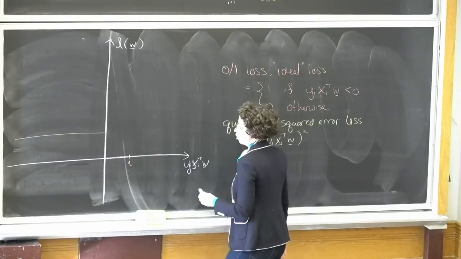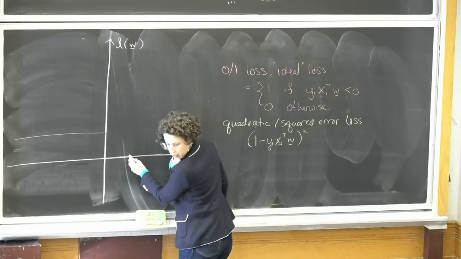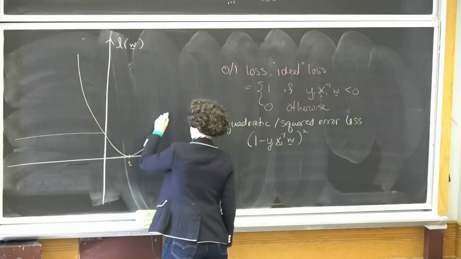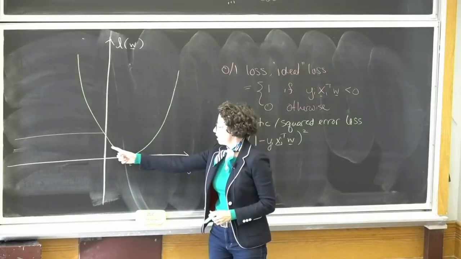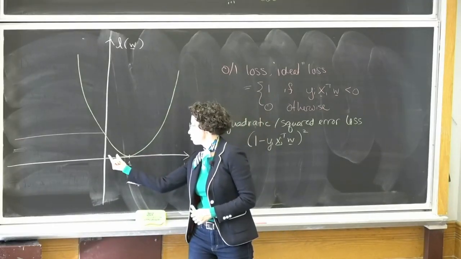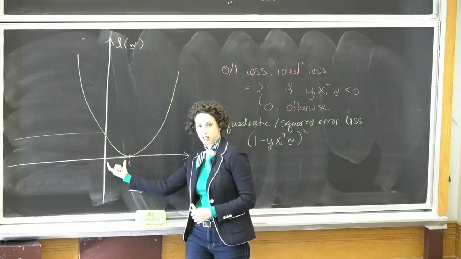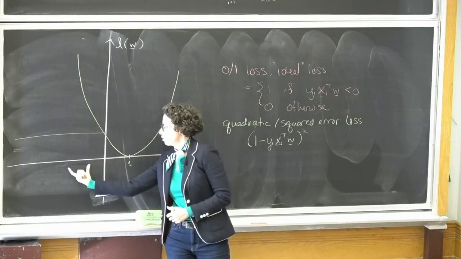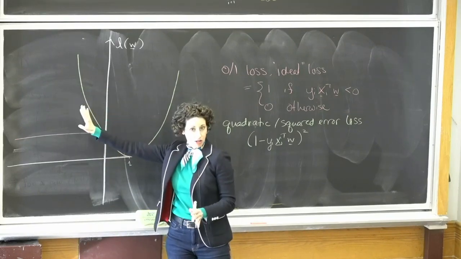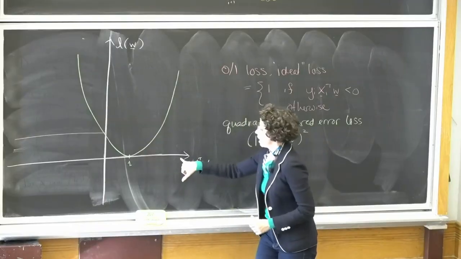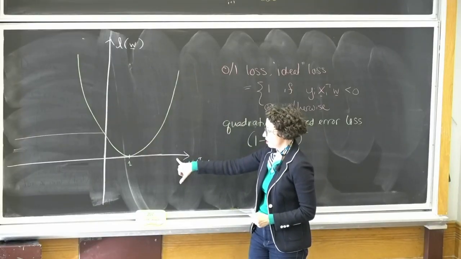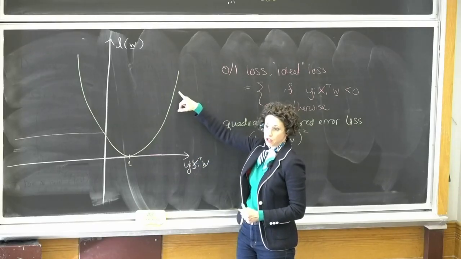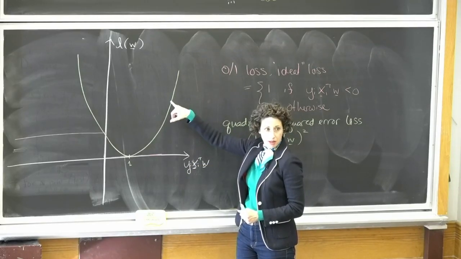And so our quadratic loss is going to look like this. On this side, we get a little bit of extra loss. This is a region where we're making a correct classification, but we're getting a non-zero loss. But when we're really incorrect, we get a big loss. That's great, no problem. But as we talked about earlier, and in our little toy example, you can have a correct classification, and that can still contribute a lot to your loss. So this is really problematic.